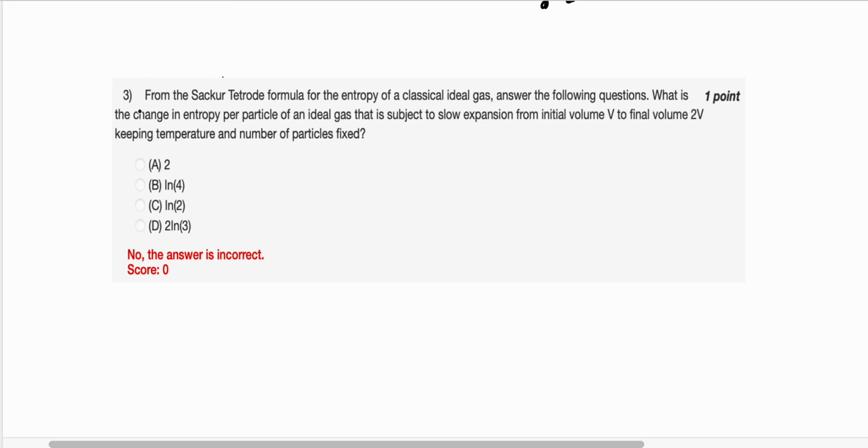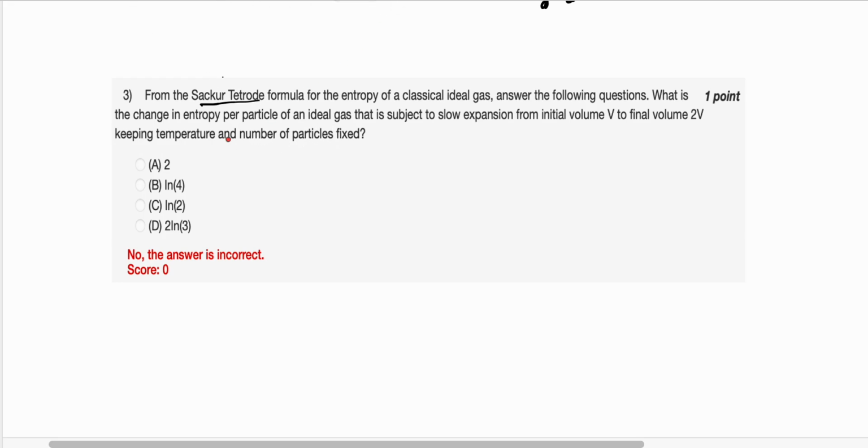For the Sackur-Tetrode formula that I was talking about in the previous question, the Sackur-Tetrode formula for the entropy of the classical gas, answer the following question: what is the change in entropy per particle of an ideal gas that is subject to slow expansion from the initial volume V to the volume 2V, keeping temperature and number of particles fixed?